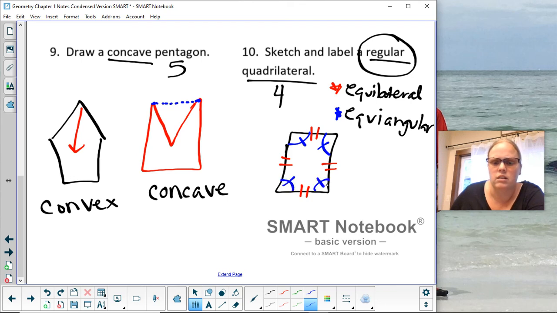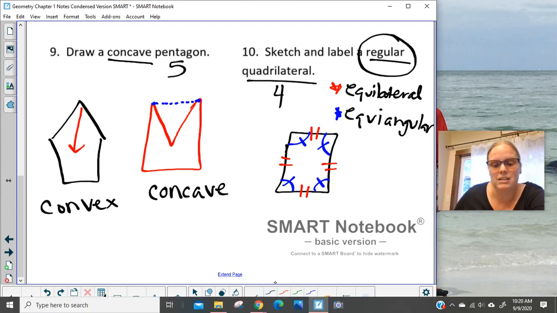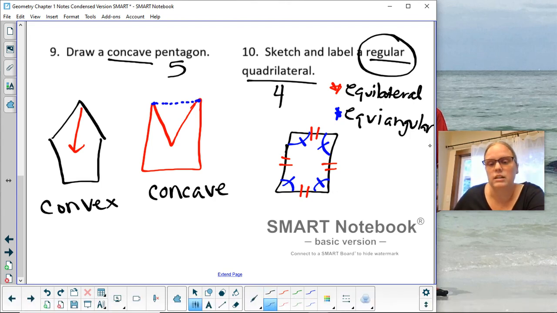Now, if you're thinking, well, if all the corners are the same measure, wouldn't they all have to be 90 degrees? In a quadrilateral, yes. So another option for this picture would be to draw all the sides the same and 90-degree angles in the corner.